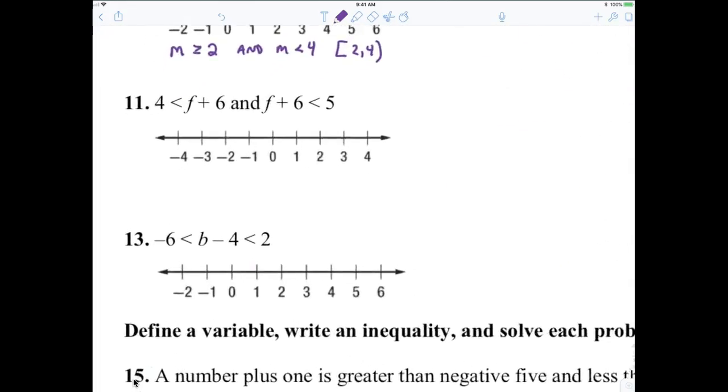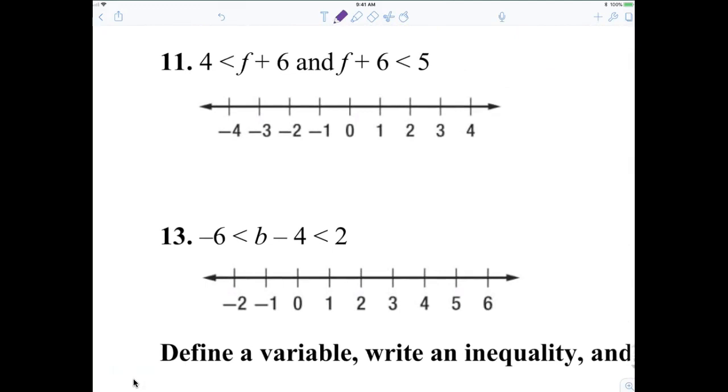All right. 11. Now you just have to be careful because it's written kind of awkwardly. Wait a minute. Let's go ahead and subtract 6, right? And so it would be negative 2 is less than F, or let's just rewrite that as F is greater than negative 2. Beautiful.